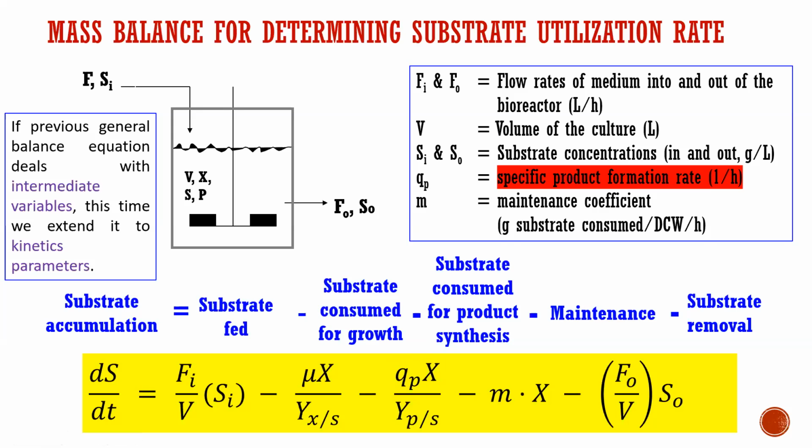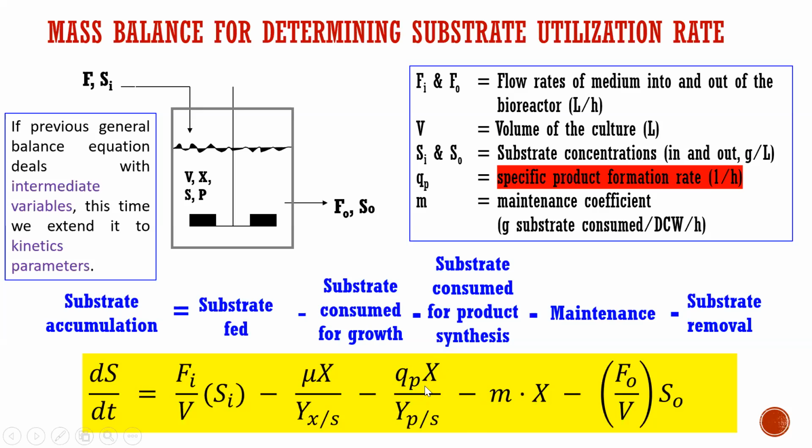Because the amount of product being produced is still correlated with the amount of cell. So that explains why dP over dt is equal to QP multiplied by X.